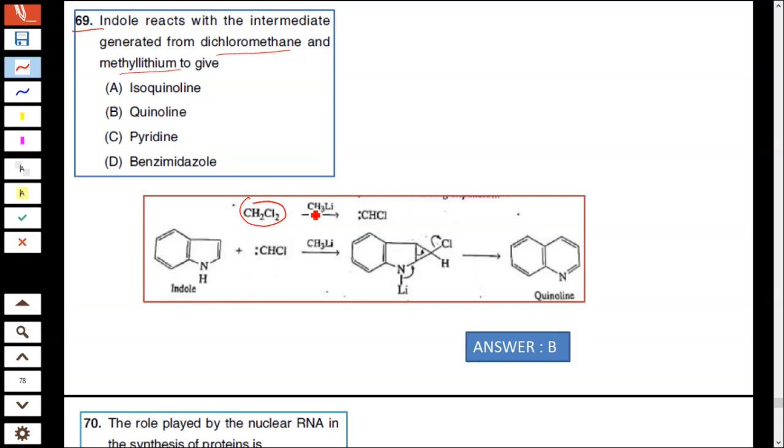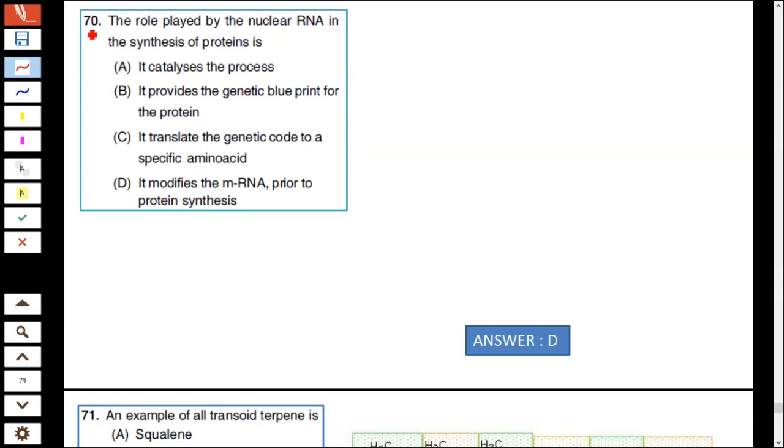Dichloromethane gives a carbene intermediate, which on reaction with the double bond in indole gives an addition product. A cyclization occurs which gives quinoline as a product. Answer is B, quinoline.